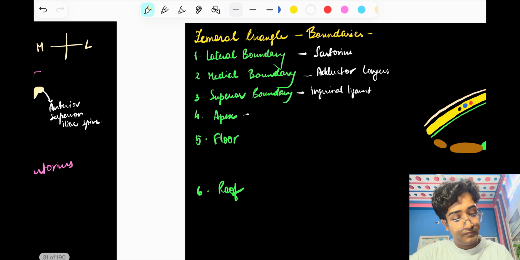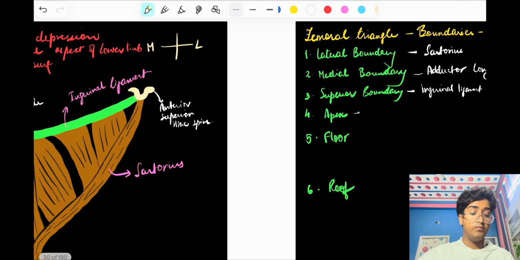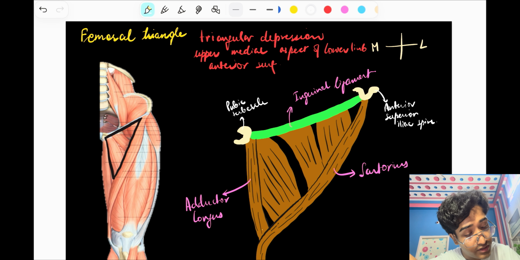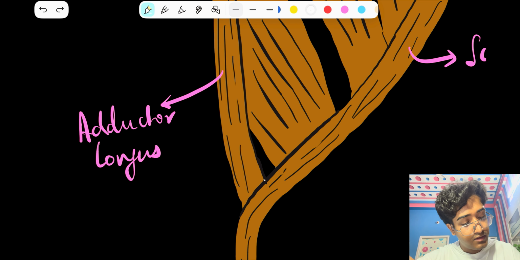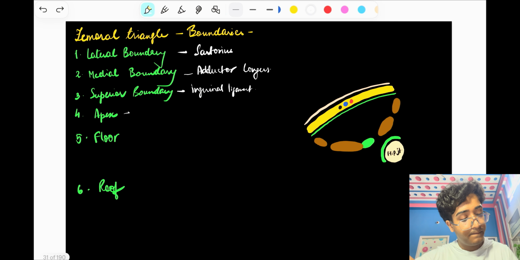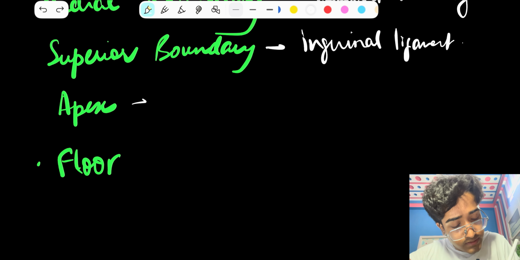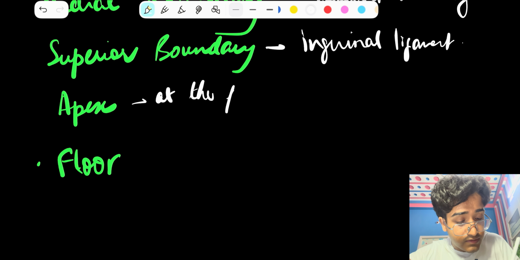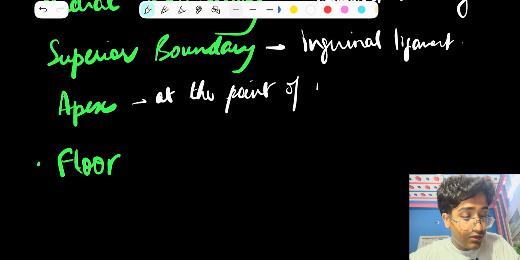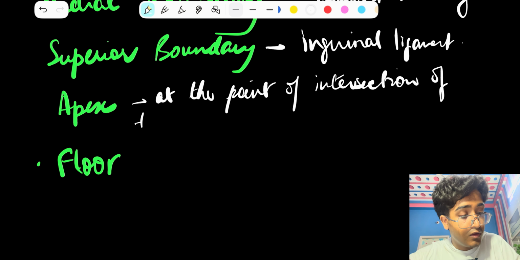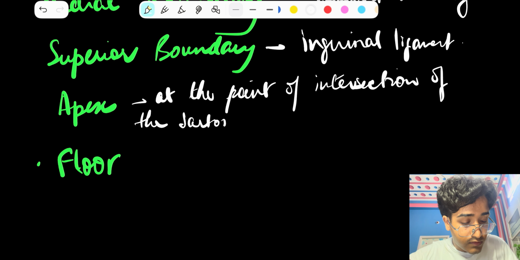Apex. So where is the apex formed? See, the apex is formed at the junction where the sartorius muscle and the adductor longus muscle intersect. It is formed at the point of intersection of the sartorius and adductor longus muscle.